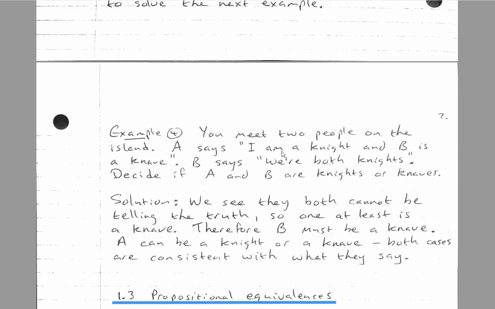A says, I am a knight, and B is a knave. The second person, B, says, we're both knights. And the question is, can you decide if A and B are knights or knaves?